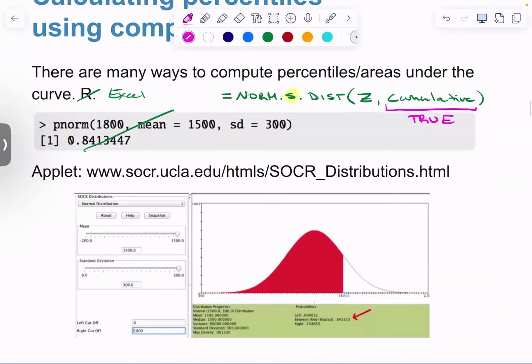It's explained in the Excel assignment as well, but because we should be using Excel for these probabilities, I wanted to introduce it. So for normal distributions, we always use cumulative equals true.